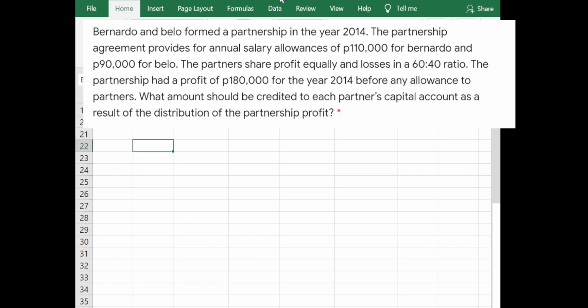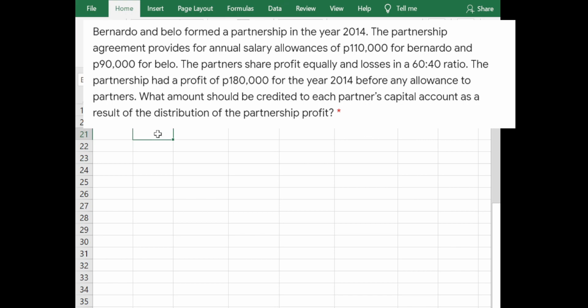The partners share profit equally and losses in a 60:40 ratio. The partnership had a profit of 180,000 for the year 2014 before any allowance to partners. What amount should be credited to each partner's capital account as a result of the distribution of the partnership profit?